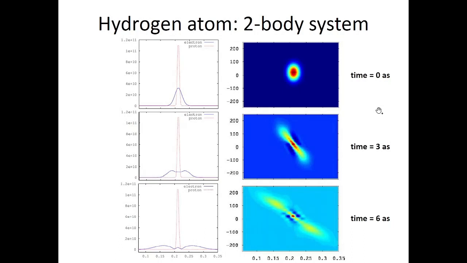We now let the system evolve in time, and after a long enough time, which in this case is equivalent to 6 attoseconds, very long for a hydrogen atom, we see that the proton profile hasn't changed that much.